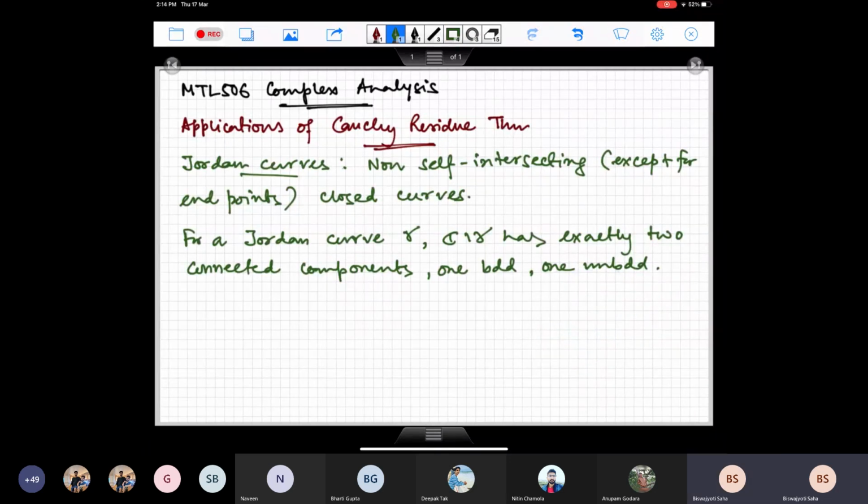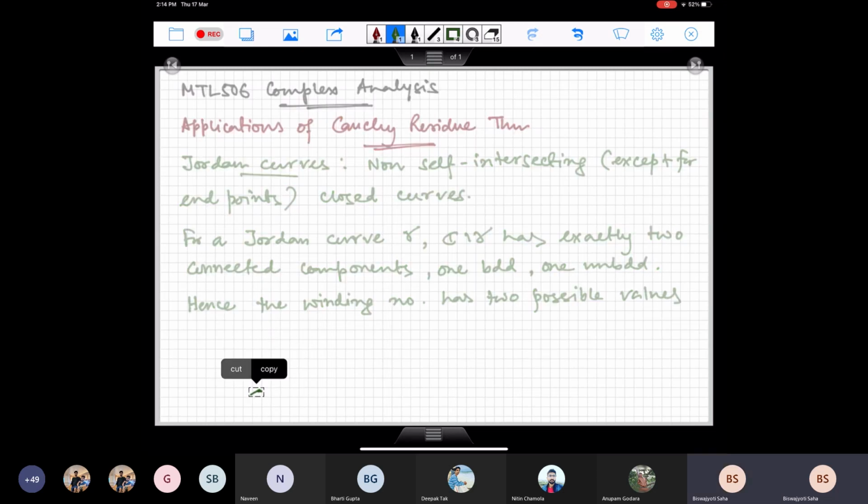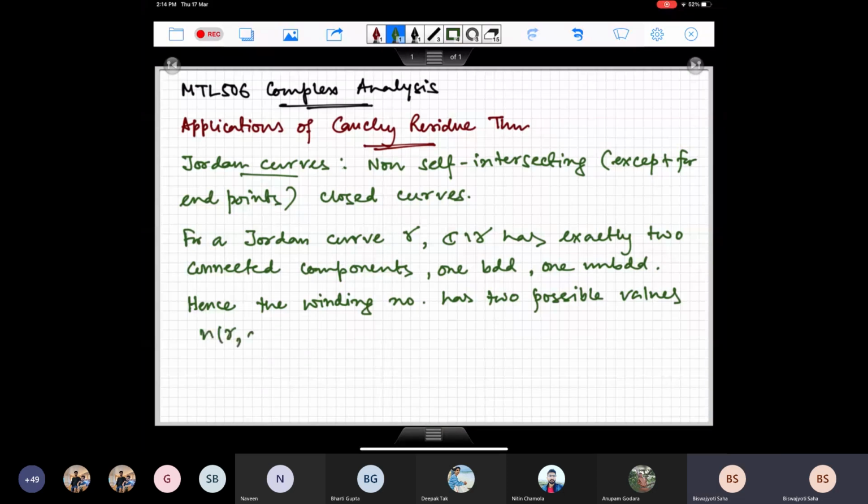So therefore, hence the winding number has only two possible values. Tell me what are the possible values of the winding number of gamma about A. If A belongs to the unbounded component, then what happens? 0 or 1? In this case, 0. That's already standard.